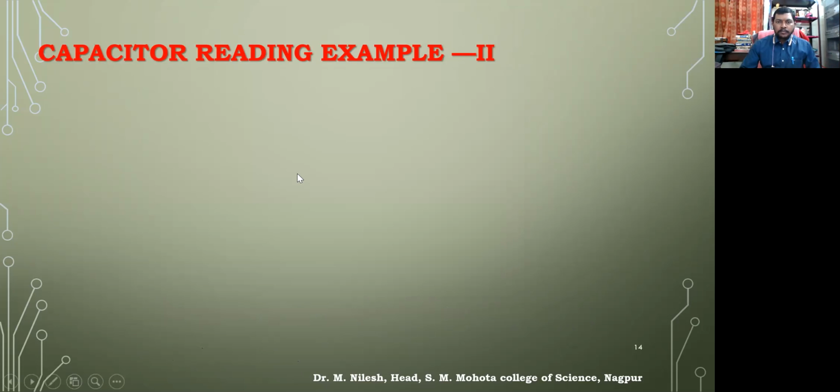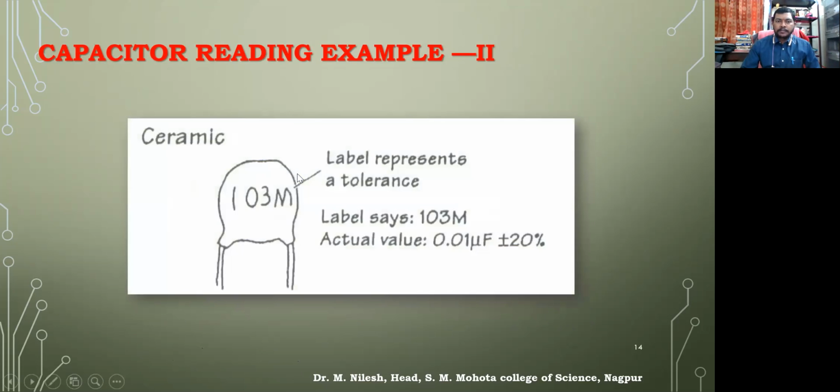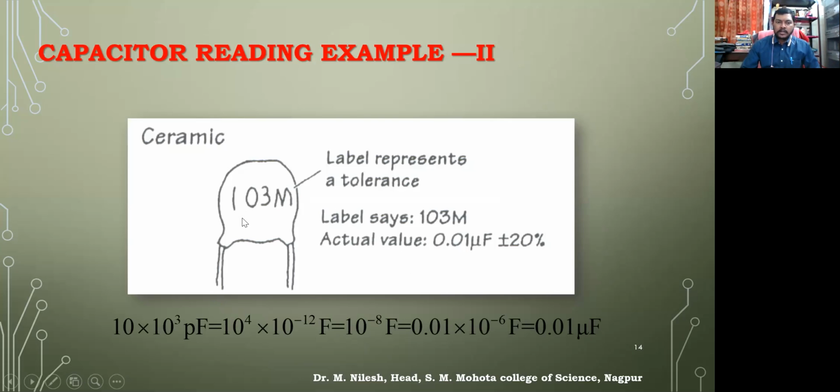Another example to calculate is a capacitor labeled 103M. The last letter represents the tolerance. So 103, I guess you understood, is 10 into 10 raised to power 3, right? And whenever there is M, the tolerance is plus minus 20%. Since it is 103, it is 0.01 microfarad. This is how it has been calculated. So 10 into 10 raised to power 3 picofarad, that is 10 raised to power 4.